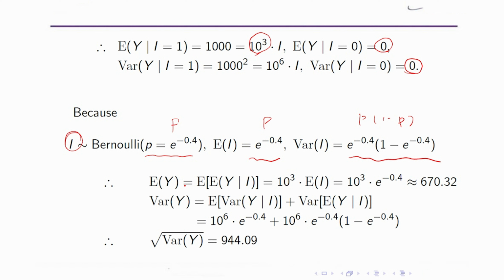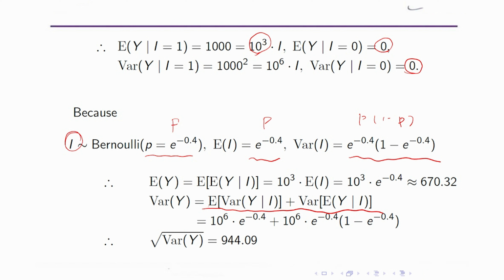Okay, so now we can go back and take a look at the expectation of Y. The expectation of Y is equal to the expectation of the conditional expectation of Y given I. So that is 1000 times the expectation of I. So that is 1000 times e to the minus 0.4. And similarly, based on the equalities we have learned in chapter 3, we know the variance of Y is equal to this.